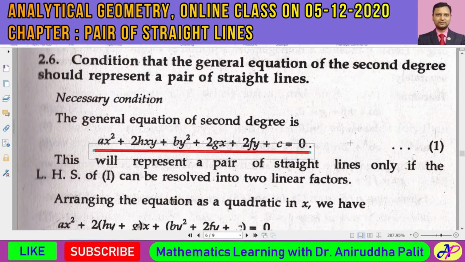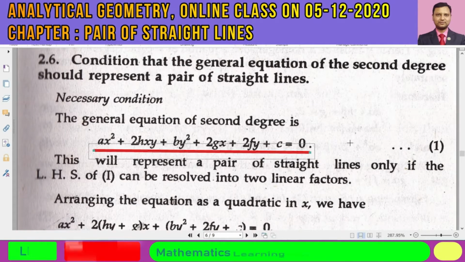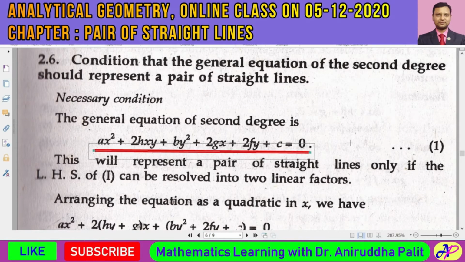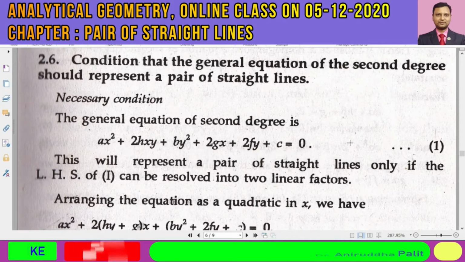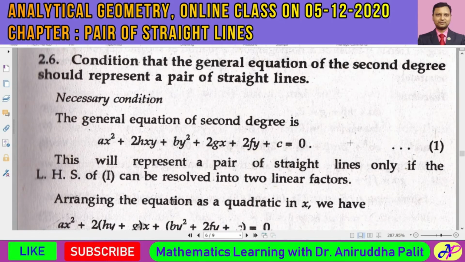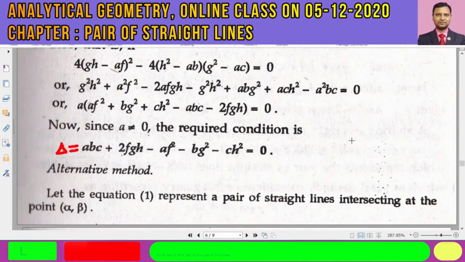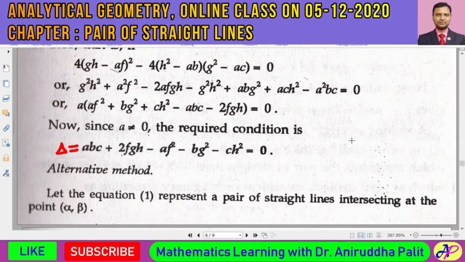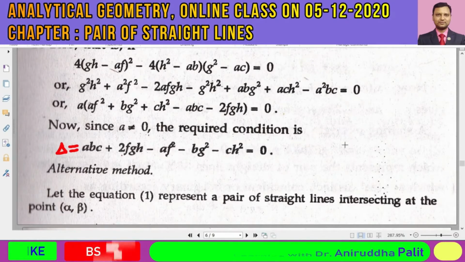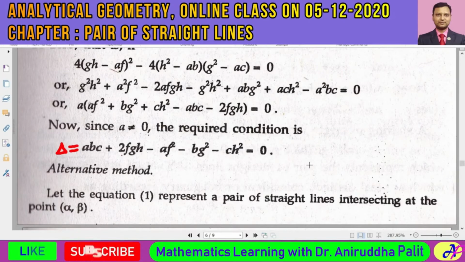Be very careful about these two special kinds of conditions, because throughout your course of mathematics you will deal with them. Necessary means if a certain result is true, then such and such results, like delta equal to 0, should be true. And sufficient means the opposite category of result. That means if the second result is true, then the first result should also be true.